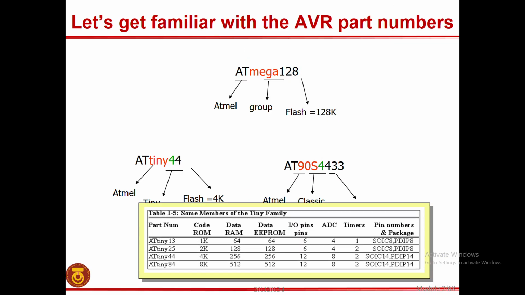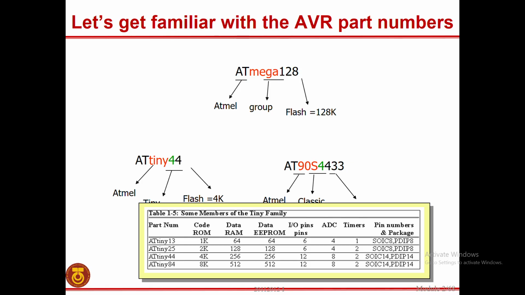When we refer to the ATtiny family, they range from 1813 to 1884.